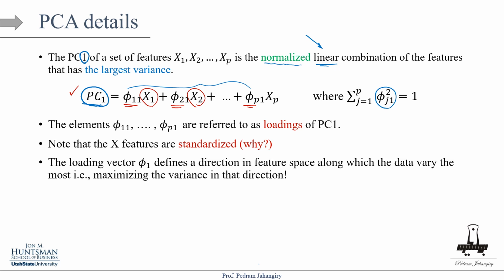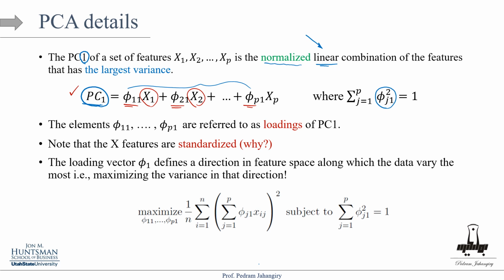And what is the optimization then? The optimization is something like this. We are going to maximize the spread, maximize the variance along principal component 1. So just pay attention to this formula. This is nothing fancy. We're talking about the variance formula here. If I have a random variable z, the variance of z is going to be what?